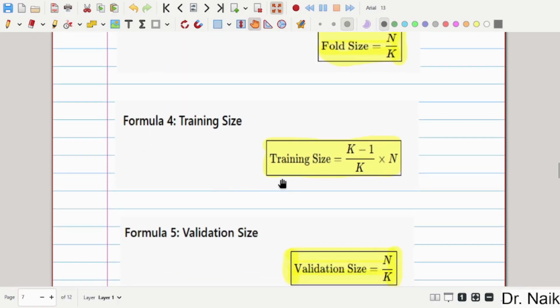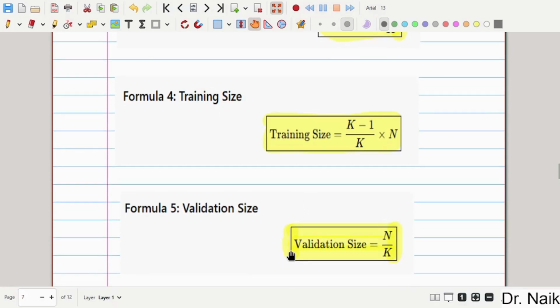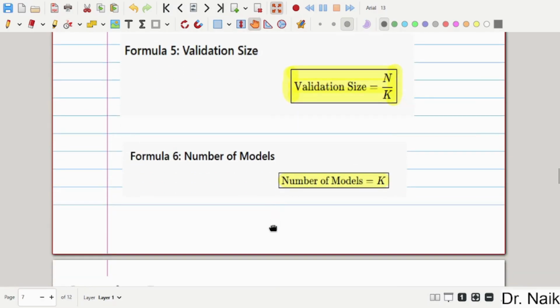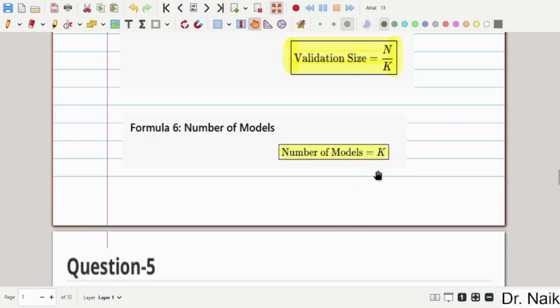Training size is calculated by the formula (k minus 1) divided by k multiplied by capital N, and validation size is calculated by the formula n by k. Number of folds is equal to k.